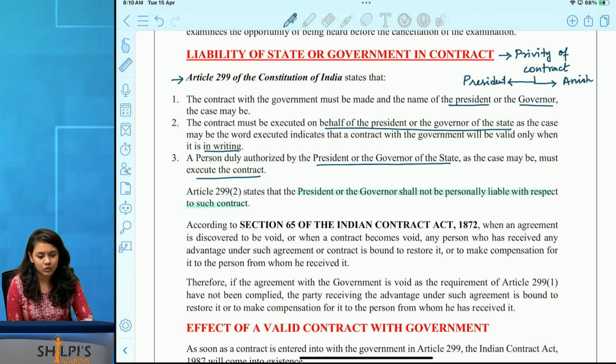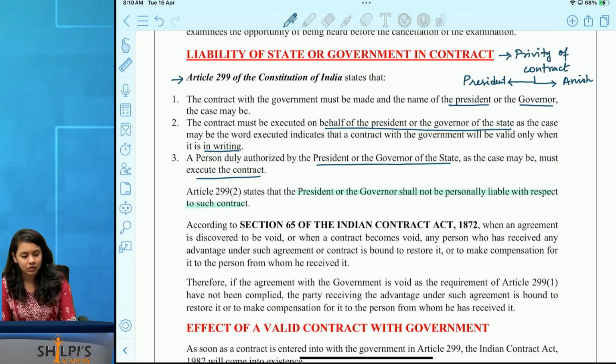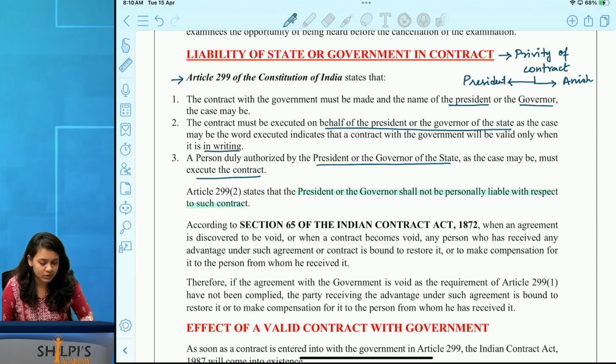But they are also clear on one thing, that the President shall not execute the contract; some other person shall execute the contract. Now, let us say that there is a contract between two persons. If there is a breach of contract, one party can claim damages against the other party, in the sense that he can claim some kind of compensation from the person who committed the breach.